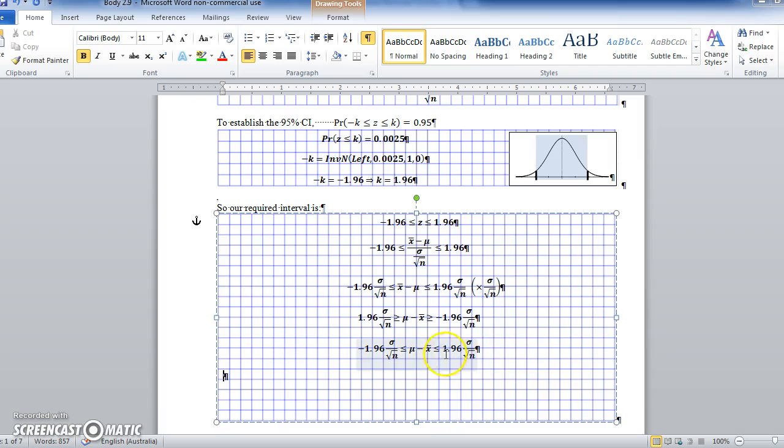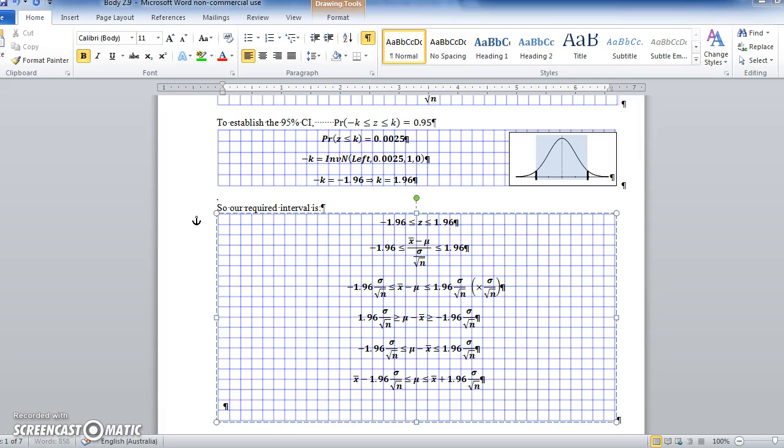And then really we want to get our interval for our population mean, mu, and so all we simply do is add x bar to all sides of the equation. So if we add x bar to this side, we get x bar take all that. If we add it to this section, we just get mu left behind, and if we add it to this section, we get x bar plus all of what we have there.